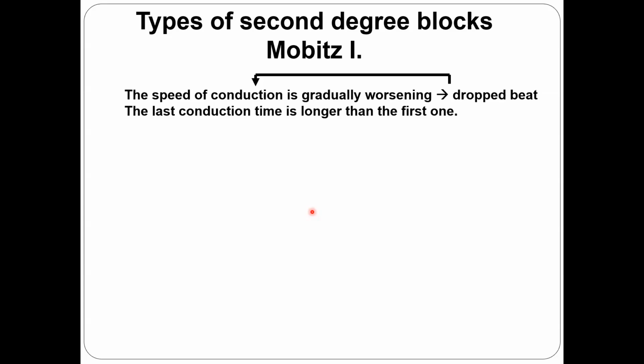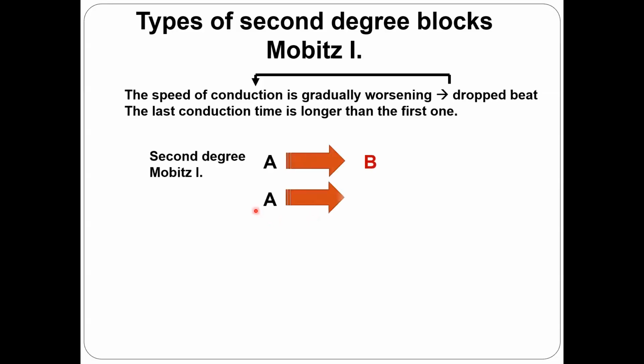This one is called Mobitz type 1. It means we have conduction between A and B, but the conduction gets slower and slower with every cycle, until a beat is dropped, and then everything starts again from the beginning.